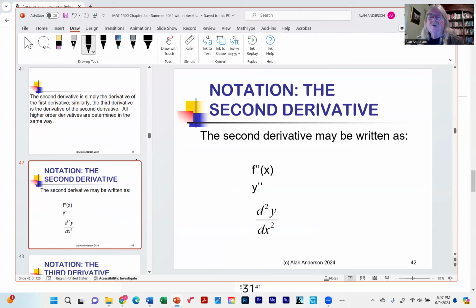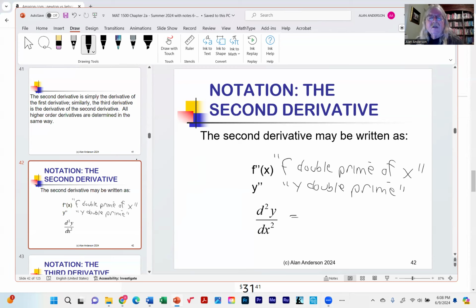This becomes f double prime of x. This is y double prime. Now, this one comes about because here's what you're actually doing.